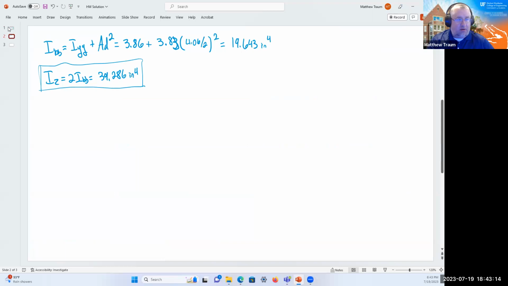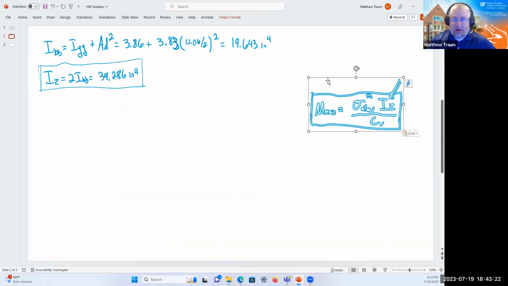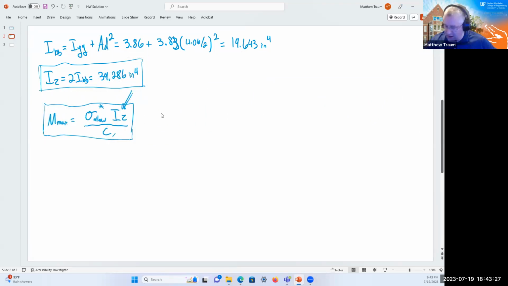So if we go back here, let me grab this guy and move him here. Okay. So here's the equation that I'm going for, and I've got all the pieces. My maximum allowable stress, remember, is 19.33 KSI. My I value, which I had to fight through some geometry to get, is 39.286 inches to the 4th.